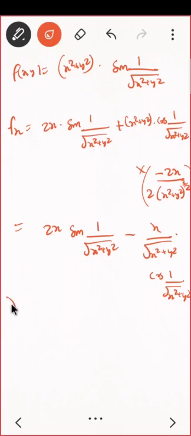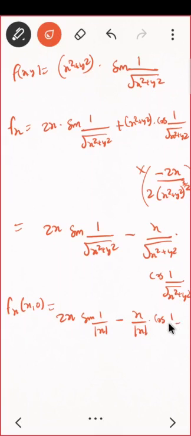Look at fx at x,0. What do you see? I'm putting y as 0. This will be 2x sine 1 upon mod x minus x upon mod x into cos 1 upon mod x. Correct?